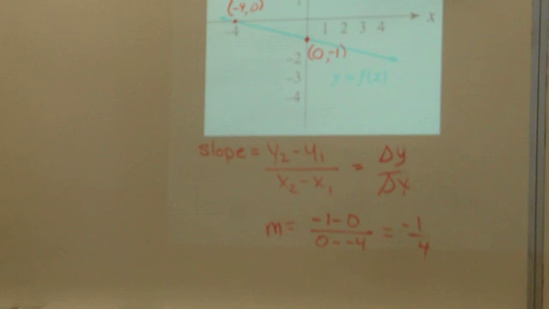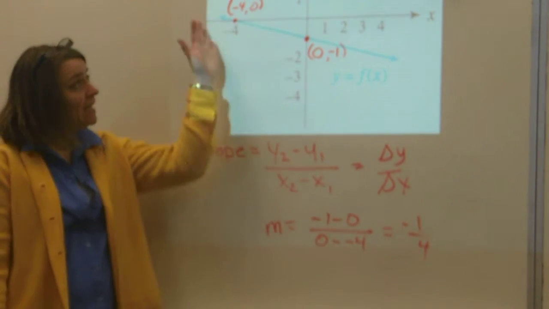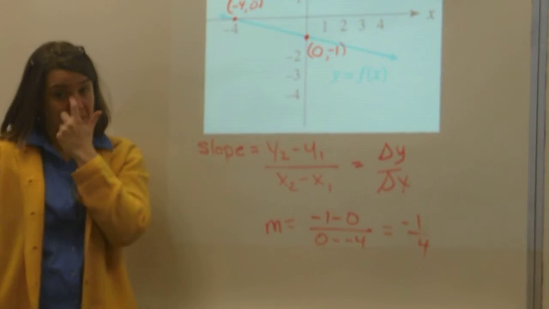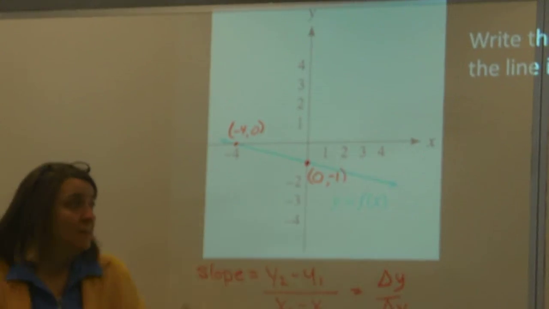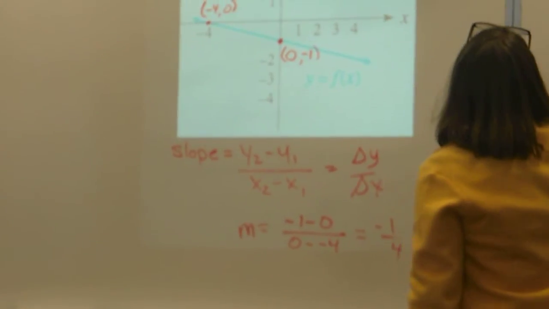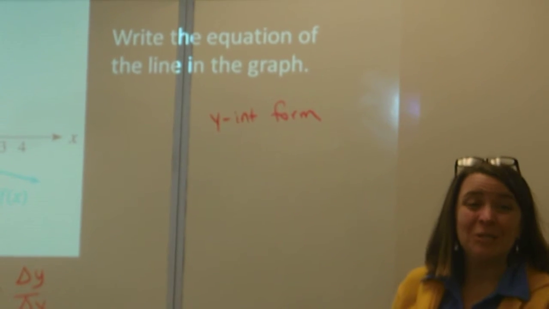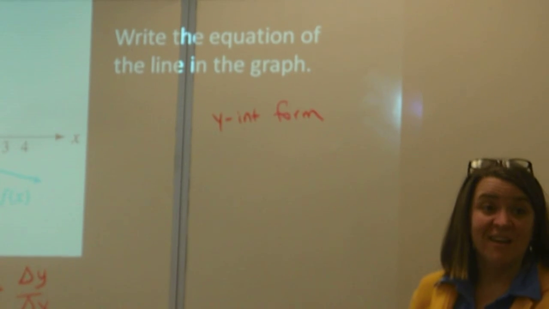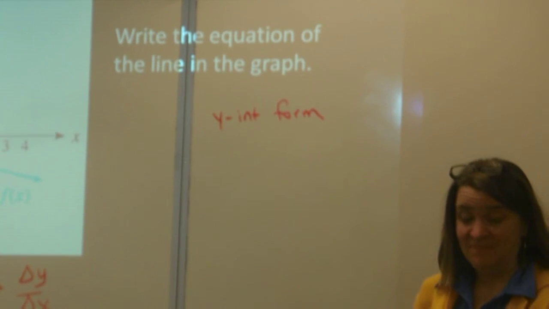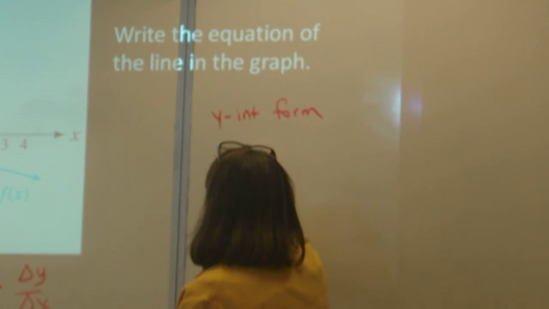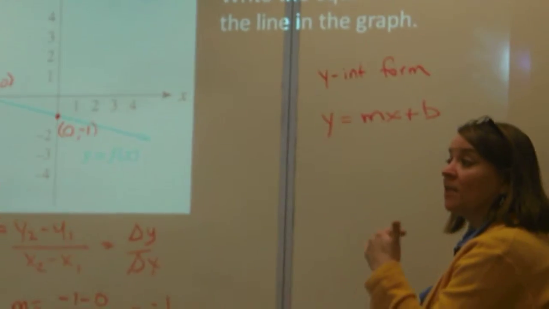Well, to write the equation of a line, we need a slope, and we need any of the points on the line itself. We have the y-intercept. If you haven't, go ahead and write the y-intercept form of this line. A lot of textbooks would label that y equals mx plus b.